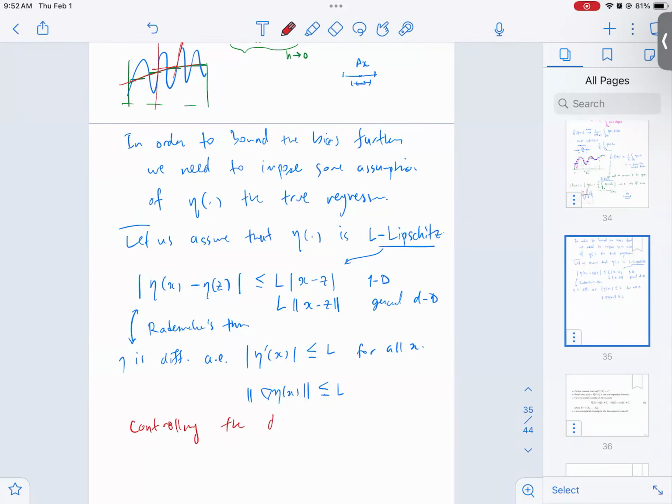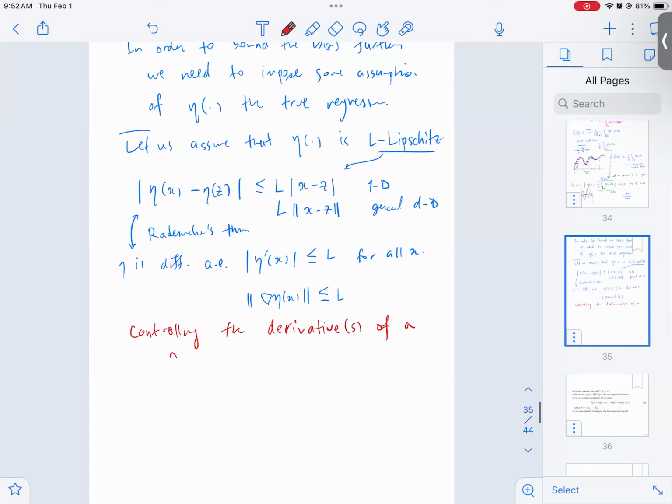So controlling the derivative or derivatives of a function is a general way to control its roughness or smoothness, the opposite of smoothness.